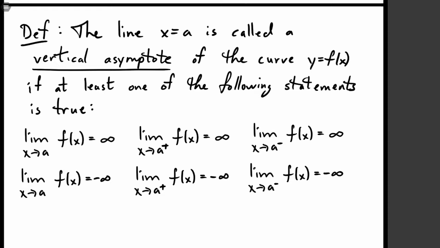Just reiterating what we said, which is that if any of these limits, and it can be a two-sided limit like these first two here, or a limit from the right or from the left, gives plus or minus infinity, that means the function has an asymptote there, because the function is getting closer and closer to this vertical line x equals a, but it's not crossing it. It's becoming almost parallel to it. And if that's happening, we have to have a vertical asymptote.